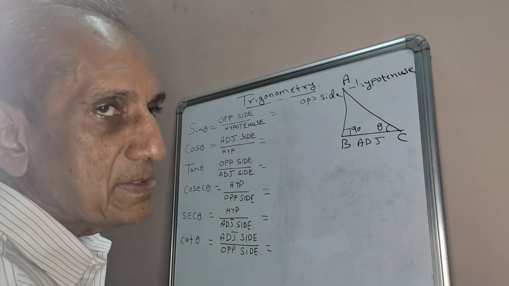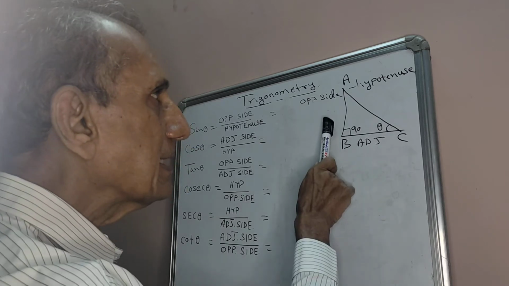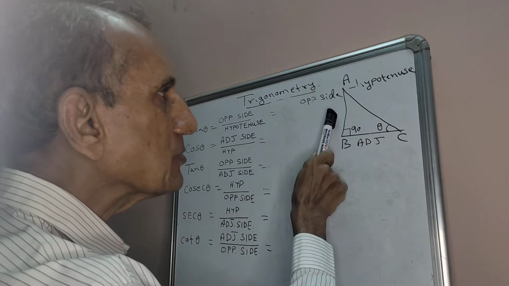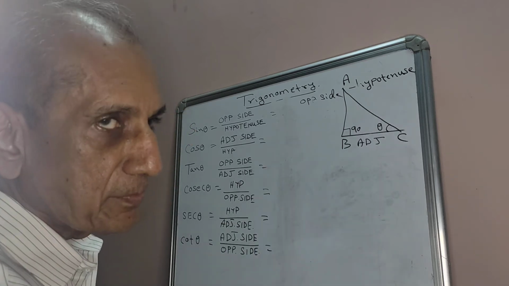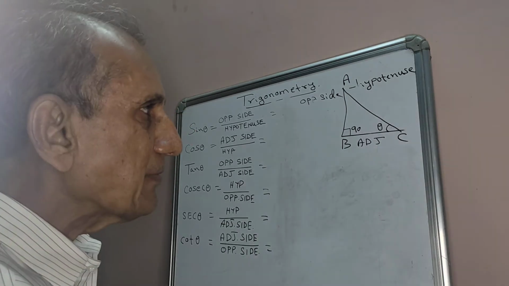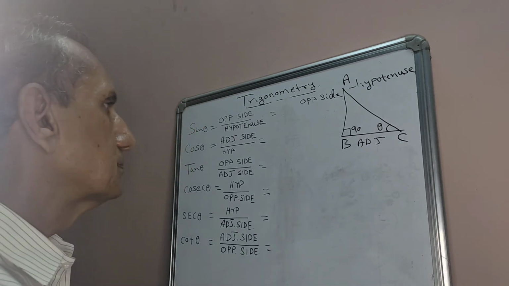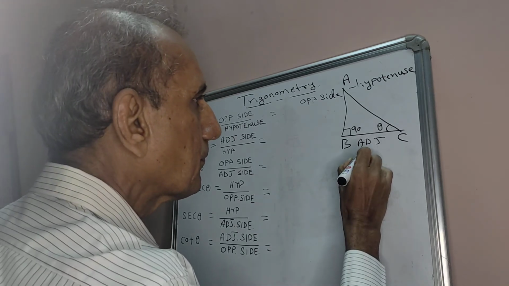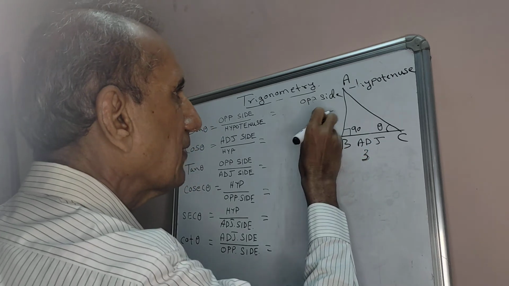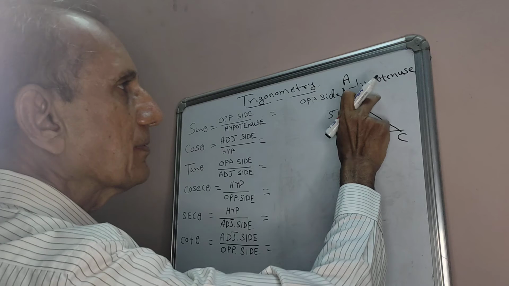Choose any values for these two sides and, based on these two values, find the third side. Now you know how to do it. Okay, supposing I take 3 and 5. Let us try to find this value.